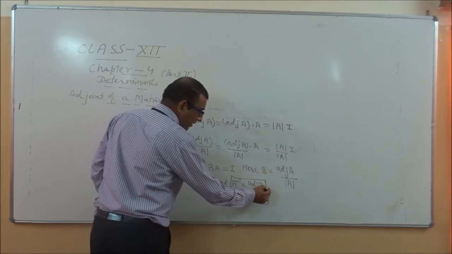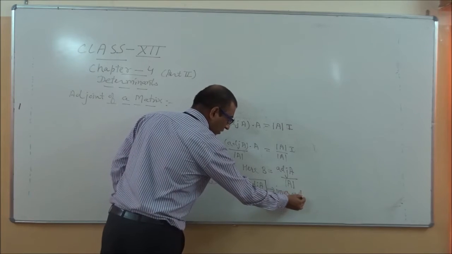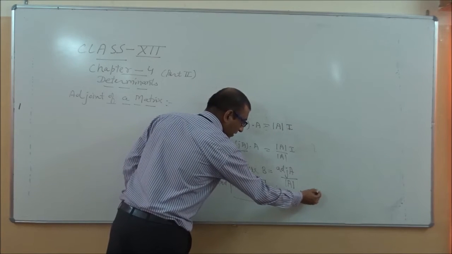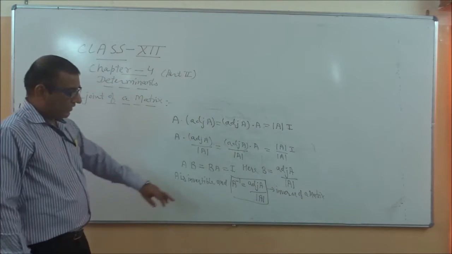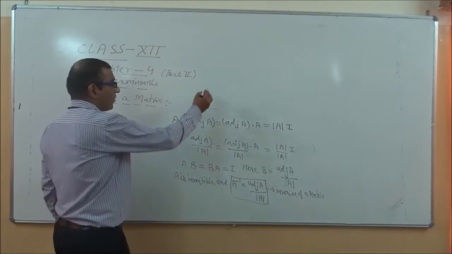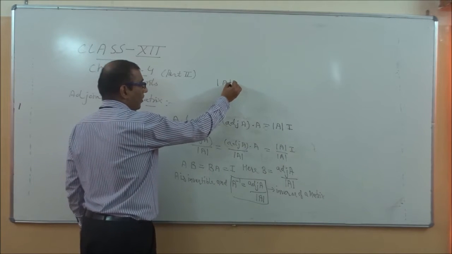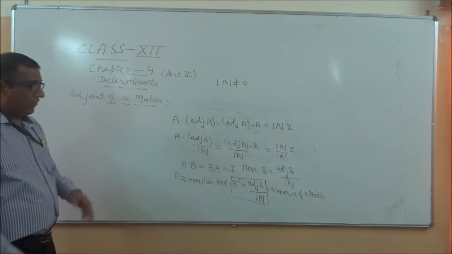This concept is known as inverse of a matrix, and as you see here, it is adjoint A upon determinant A. It means the value of determinant A is not equal to 0. Why?